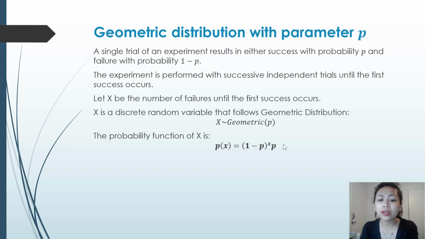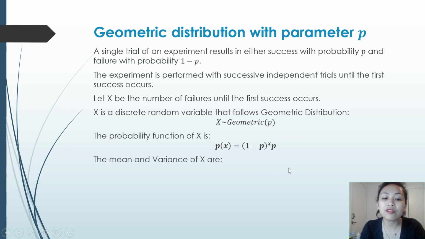So the probability of x is (1 minus p) to the x, because the first x trials are failures and the last trial is a success. So we have (1 minus p) to the x times p.